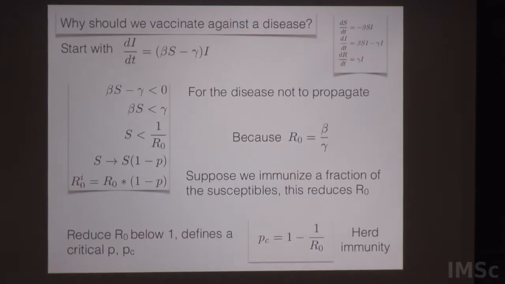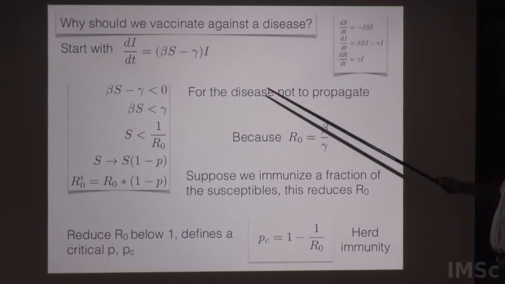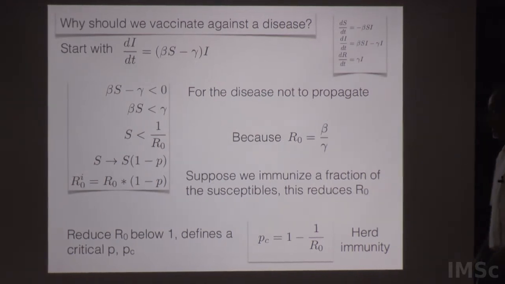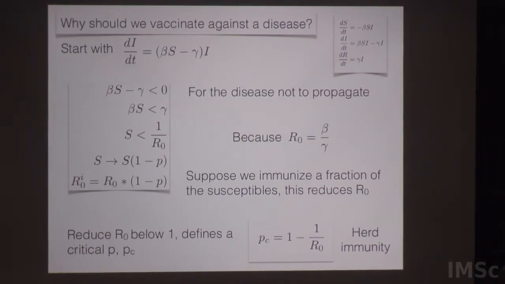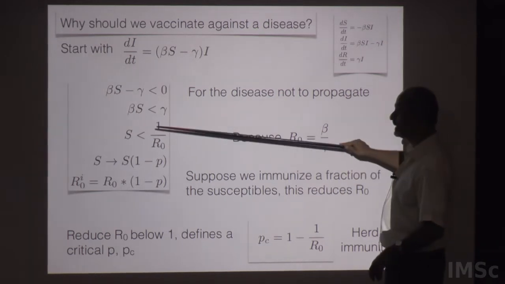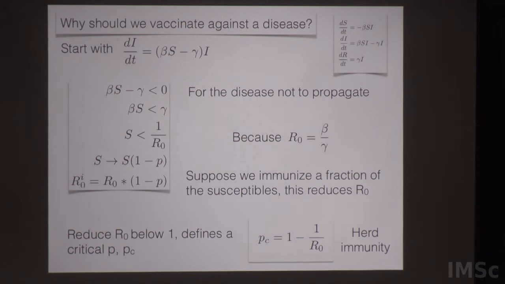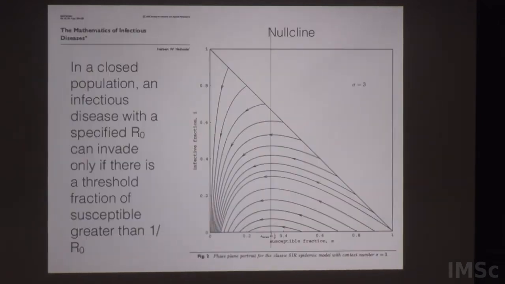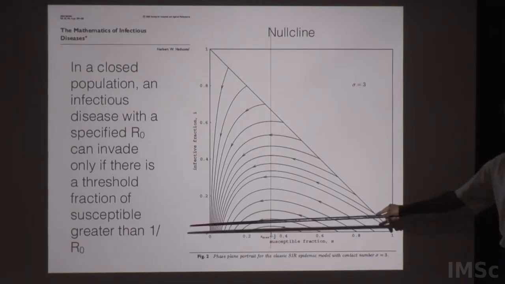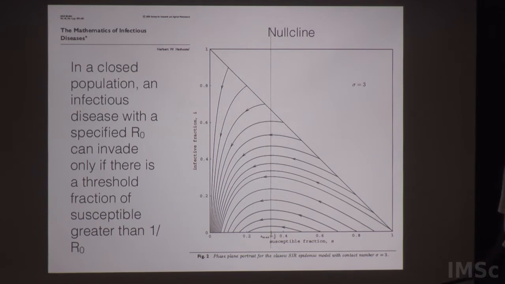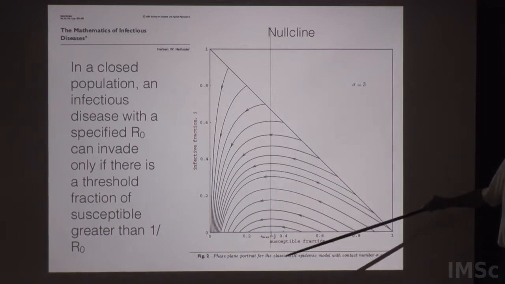Let us just start with this particular term here, dI by dt is beta S minus gamma times I, and we know that if you have S less than 1 by R naught, then your epidemic will come down. That we know because we have just done that. We have said that if we start with a number of susceptible people that is smaller than a particular amount, in this case 1 by R naught, any initial value of infected people here will always come down.